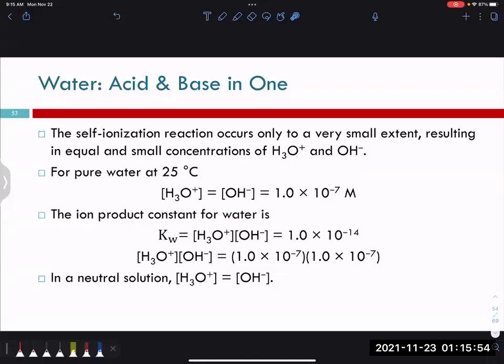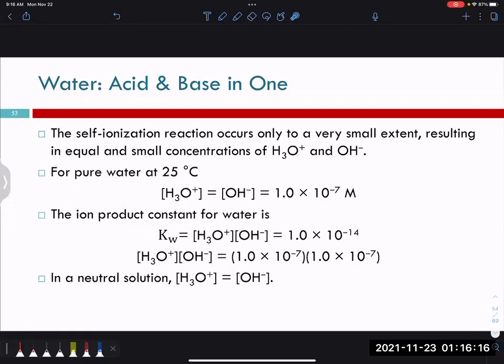Now this will be important because this is leading into how we calculate pH, which is something that I will give you on the exam. The whole idea of strong acids, weak acids, don't worry about that. This is key for calculating pH.